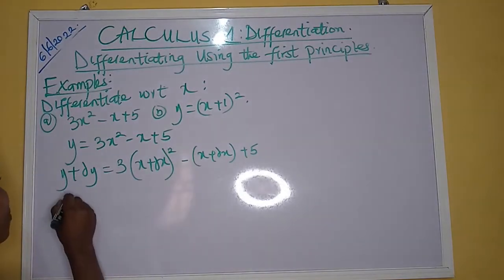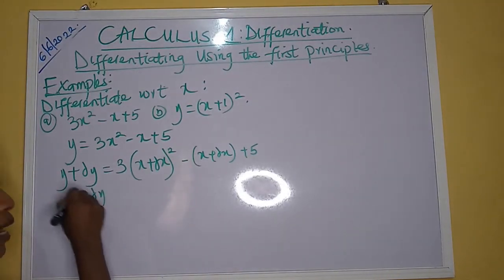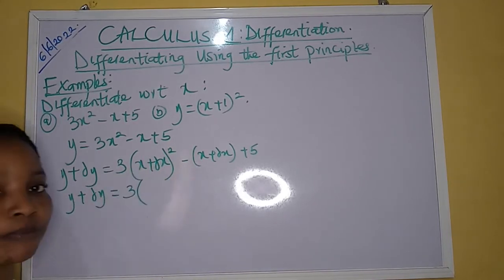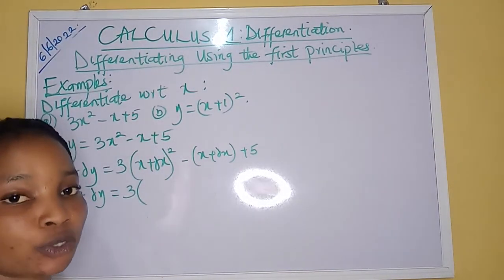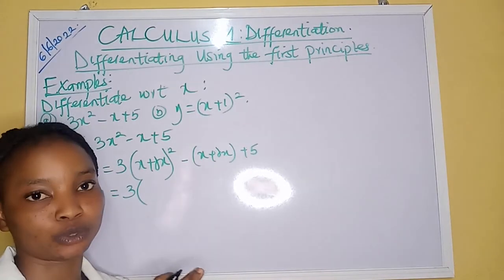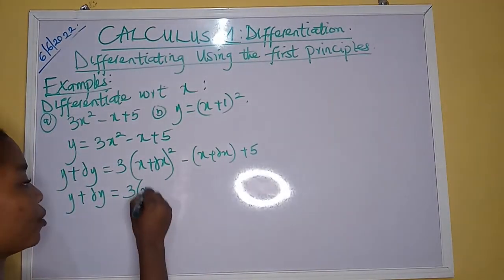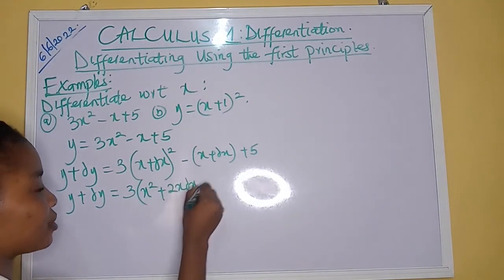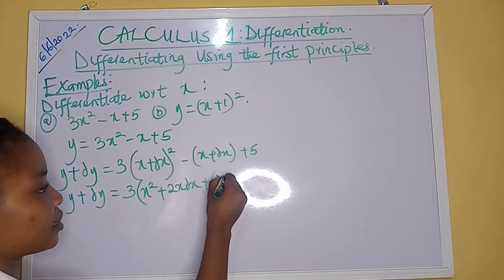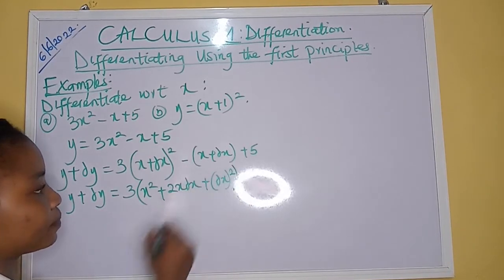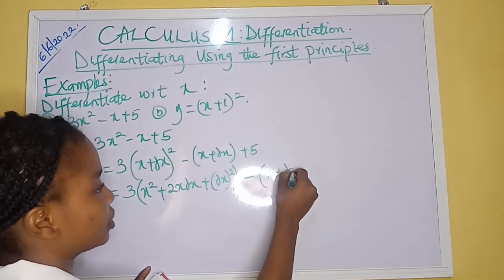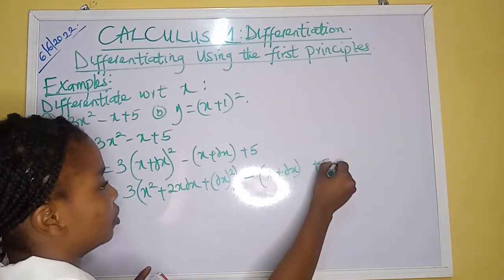And so we have y plus dy gives us 3. When you open this bracket, I've shown some of the newbies how to do this. When you open the bracket, you have x squared plus 2x dx plus dx in bracket squared. And then minus x plus dx plus 5.